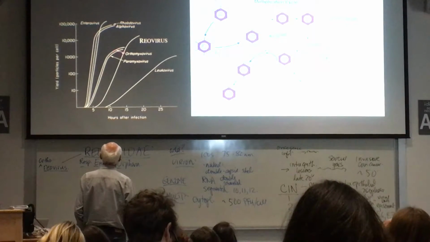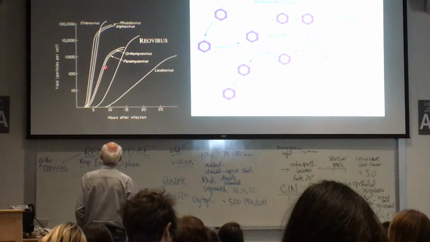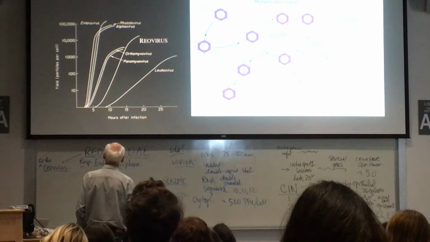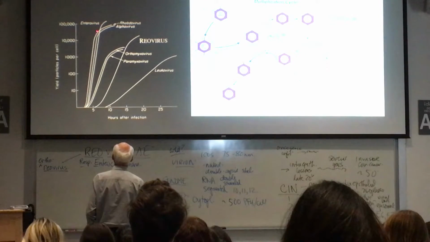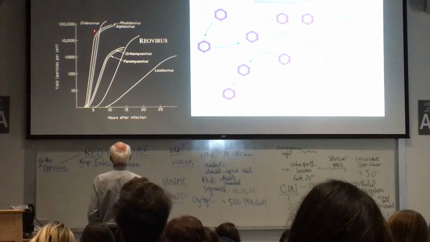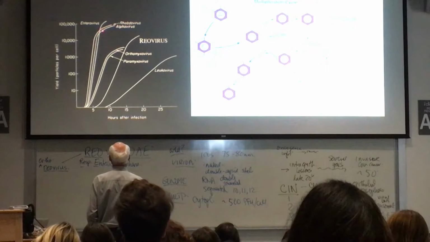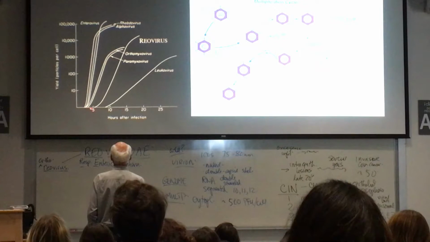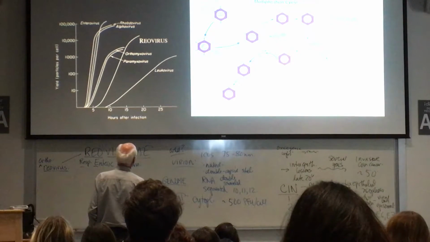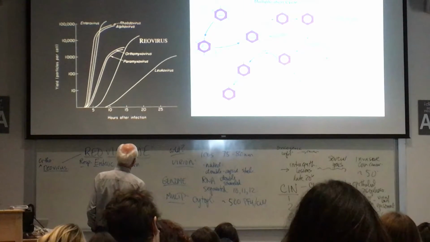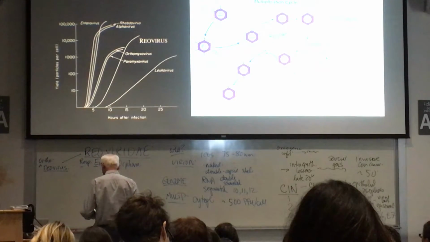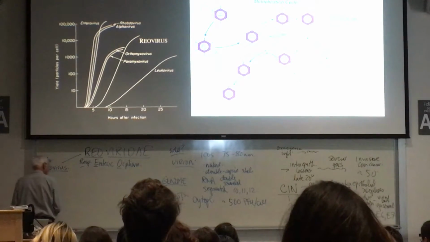And measles and flu virus, our myxoviruses, were a bit slower than polio and rhabdoviruses, which were the quickest of the viruses that we've seen in terms of the relatively short period of time required for a single cycle of replication. For reovirus, it's in the order of 15 to 20 hours from the time we infect to produce a plateau of progeny virions. So it's slower than the other viruses.